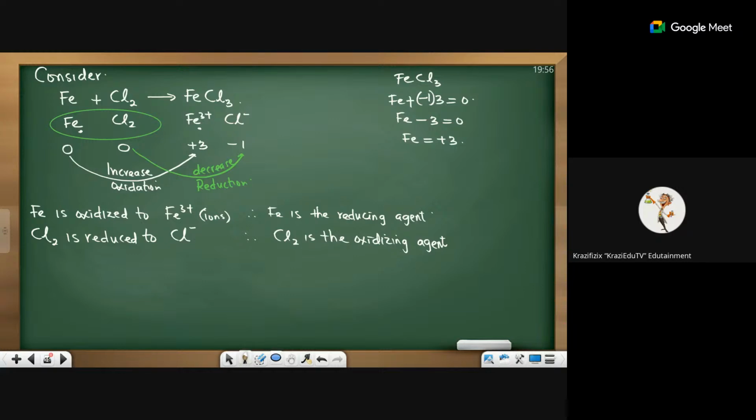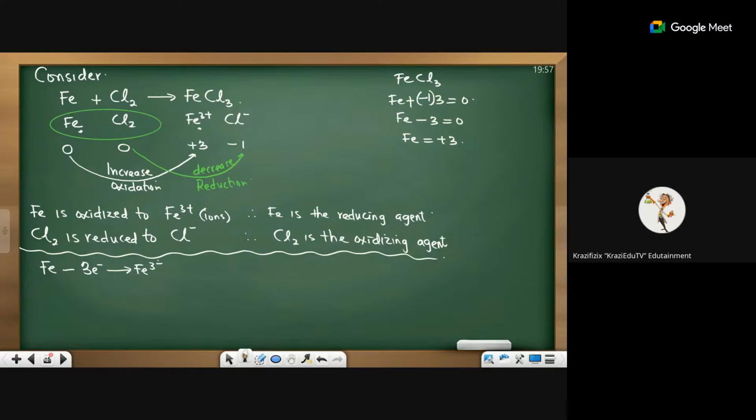Now, let us deal with half reactions. If Fe is oxidized, what is oxidation? Loss of electrons. But do you notice that we are losing how many electrons? 3. Beautiful. So we have Fe minus 3 electrons to give us Fe3+.